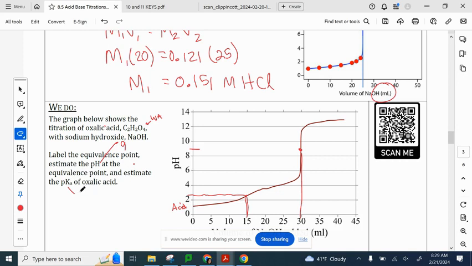So at half equivalence, my pKa equals my pH. It looks like they said 8.5 for this. So they were going 8.5.